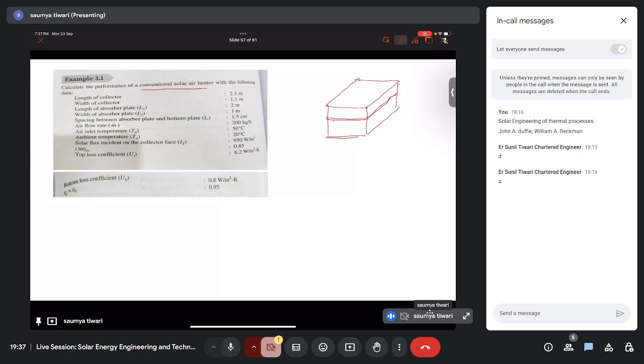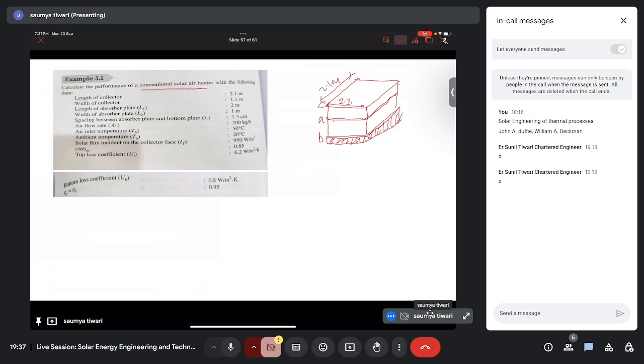This is your black back plate with some insulation, and this is your cover. Now the length of collector is given to be 2.1 meter, and the width of the collector is 1.1 meter.